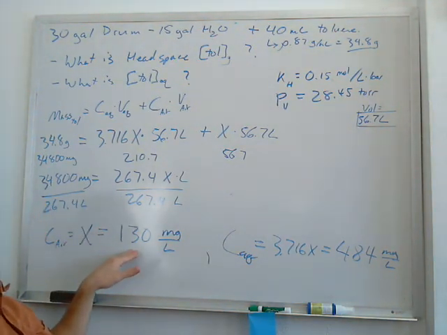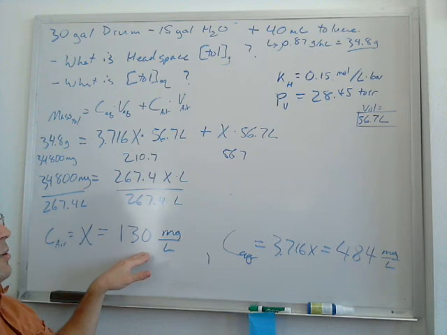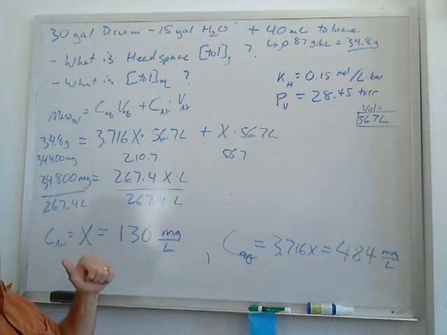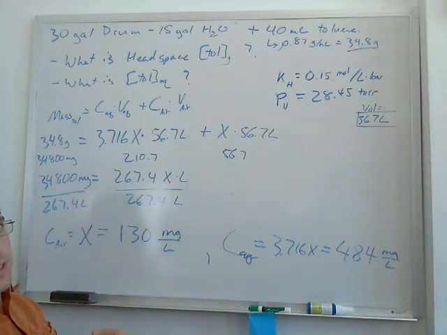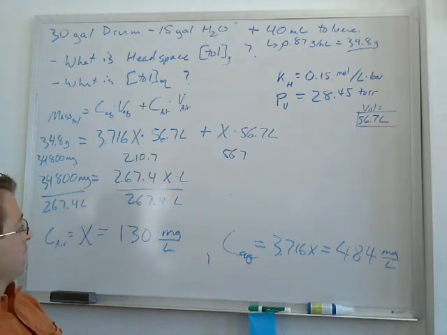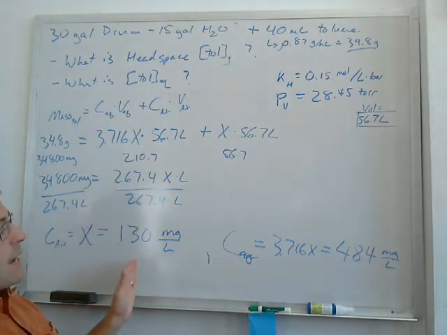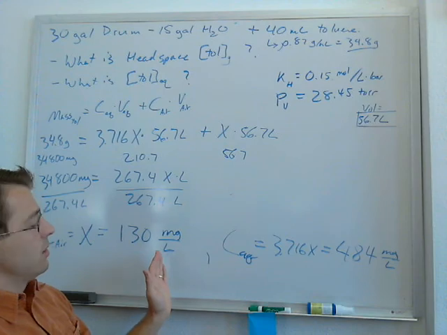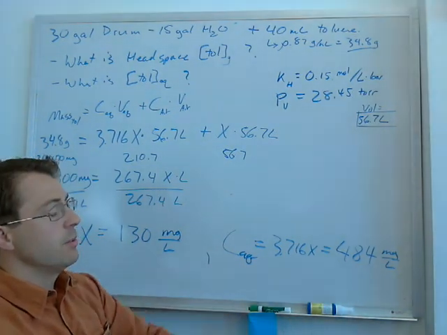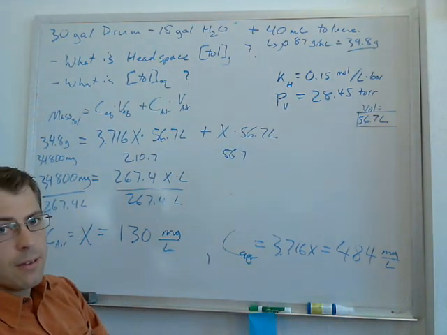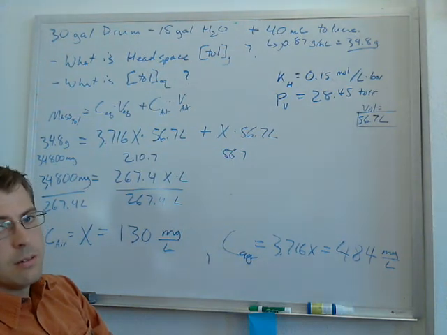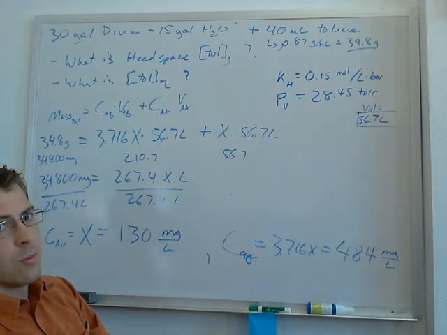And then do the same thing with the headspace. We have 130 milligrams per liter, 56.7 liters. That comes out to some number. And yeah, in this case, the mass ratio will hold true to this concentration ratio because we have an equal volume in both the air and the water.